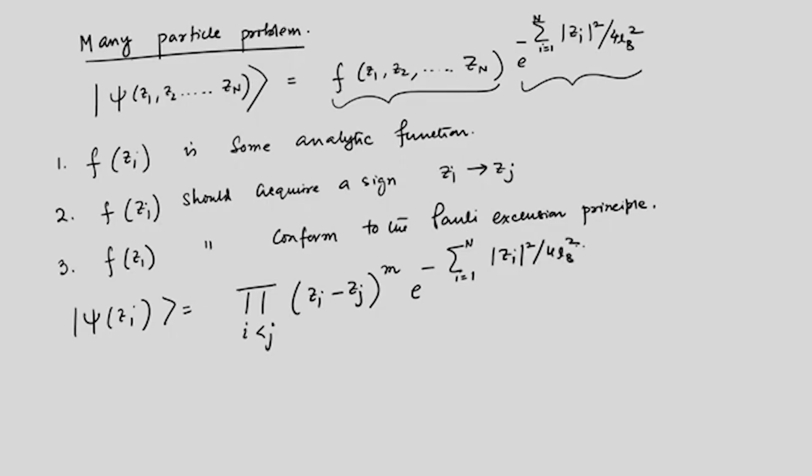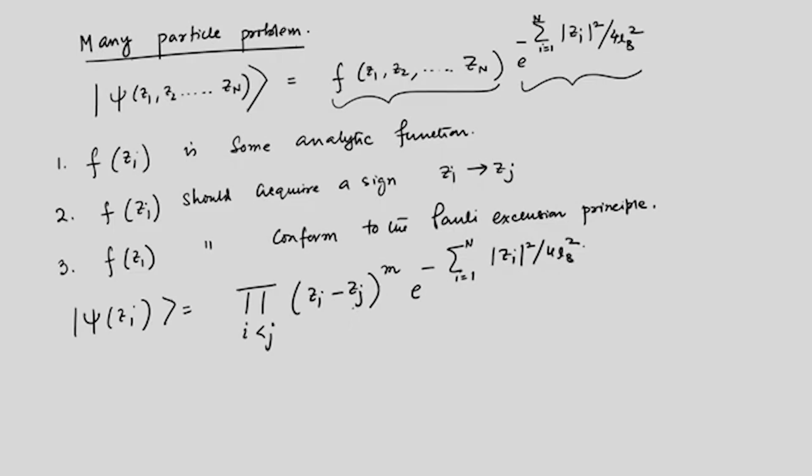Okay, so this is very clear. You see how this conforms to all the conditions that are written above. It's of course some analytic function. It's just a function of these two coordinates, i and j pairwise, and small m is the angular momentum quantum number, which is the quantum number corresponding to Jz.